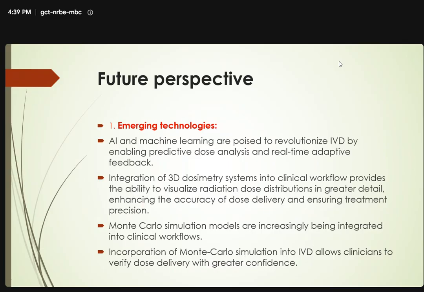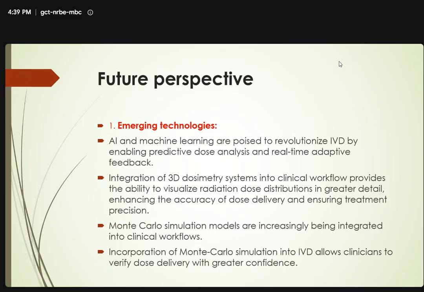Now, what are the future perspectives? With the help of emerging technologies, artificial intelligence and machine learning are poised to revolutionize in vivo dosimetry by enabling predictive dose analysis and real-time adaptive feedback.